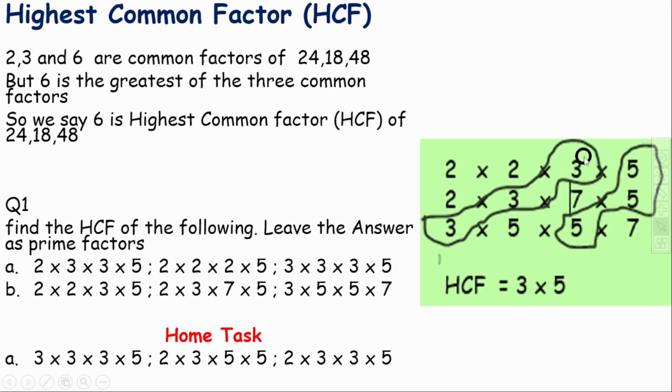So the whole of this place you represent as 3, and the whole of this place as 5. So the highest common factor is 3 times 5, the product of its prime factors. So 3 times 5 is the highest common factor, or 15.